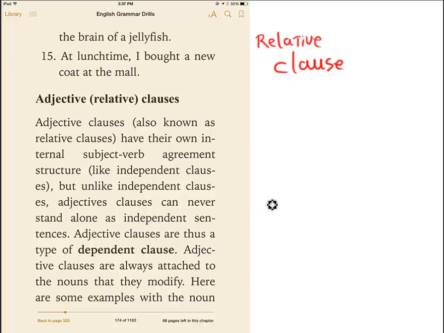There's a distinction between a clause and a phrase. As we discussed earlier, a phrase only has a preposition. I'm going to give you an example. On the shelf. The phrase only has the preposition and the object of the preposition, on the shelf. That's the phrase.